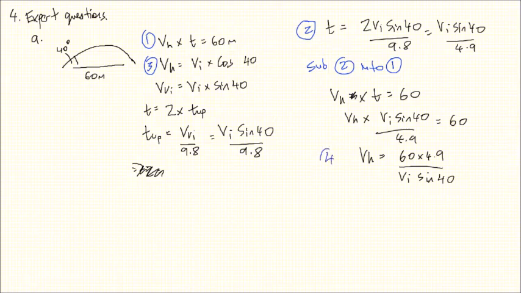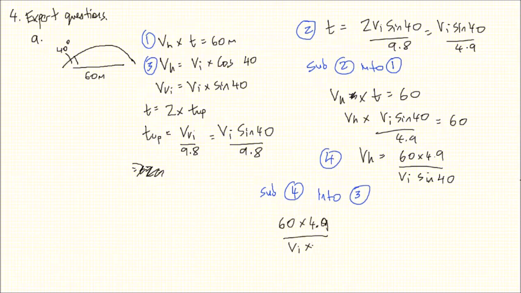We can now call this equation 4, and we substitute equation 4 into equation 3. So basically they're equating each other, so 60 times 4.9 over VI sine 40 equals VI times cosine of 40.